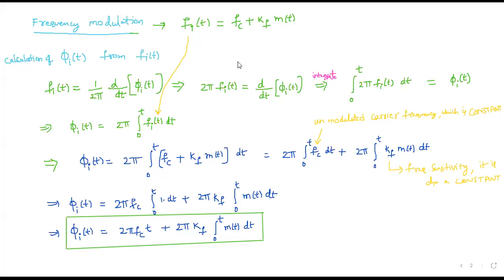Now, since I have phi I of t, how can I write the frequency modulation signal? The angle modulated signal equation is S of t is equal to AC into cos phi I of t.